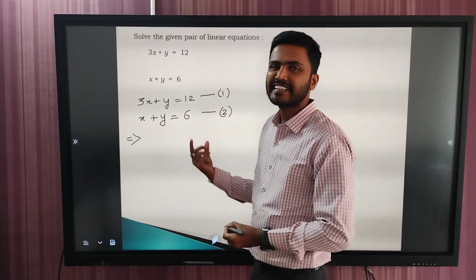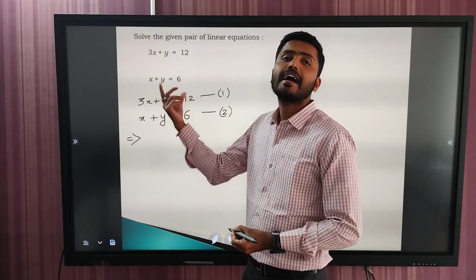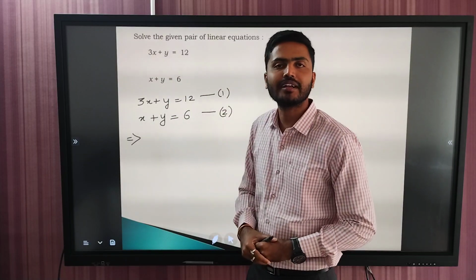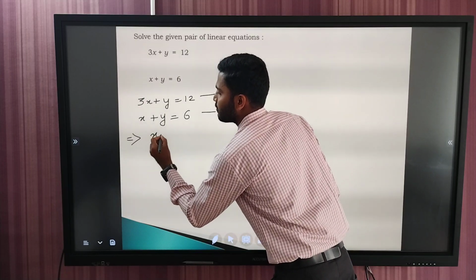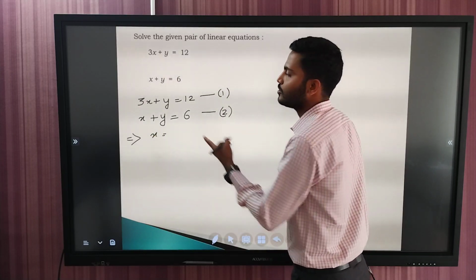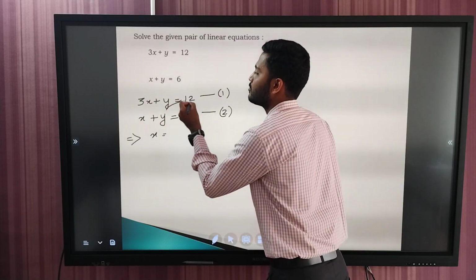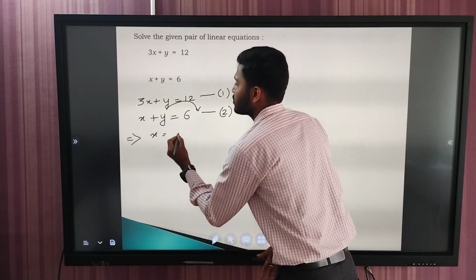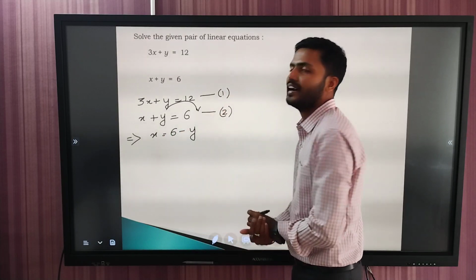Tell me how will I do that, my dear students? x will be equal to, I'll just take this y to the other side. So plus y comes to the other side and becomes minus y. So x is equal to 6 minus y.